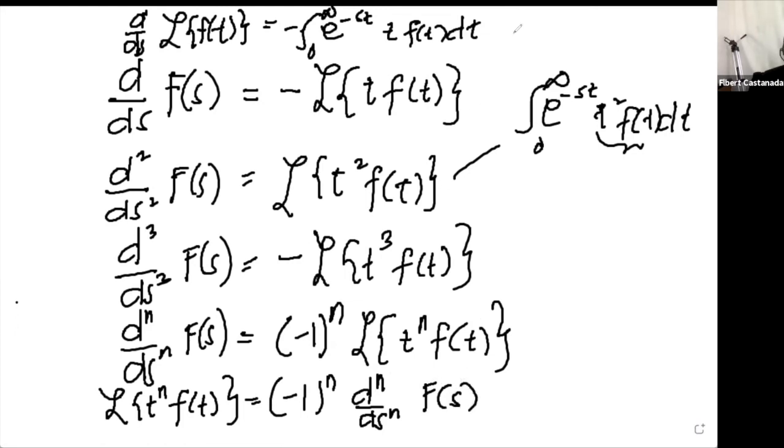Or, if you don't want to put F of s, you can write, using the operator, Laplace of f of t, okay? So it means that before you differentiate, you are to take the Laplace transform of this f of t. Remember, n is equal to 1, 2, 3, and so on.